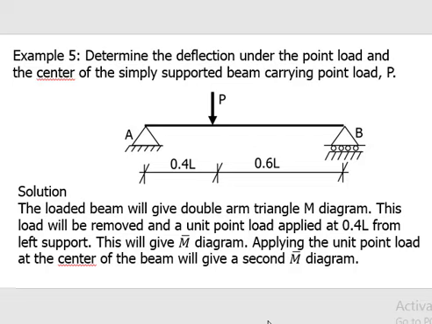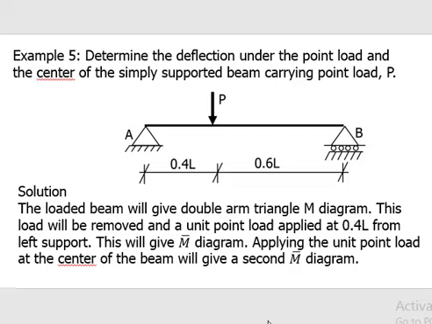So you go to another example, example number 5. Determine the deflection under the point load and the center of the simply supported beam carrying point load P as shown. Solution. The loaded beam will give double arm triangle diagram.